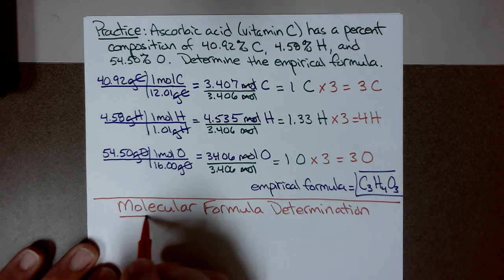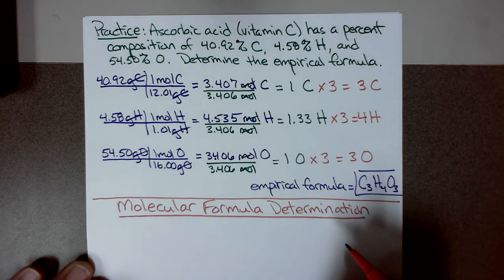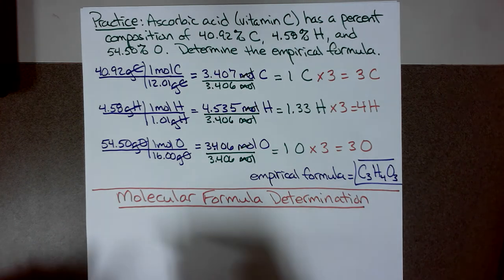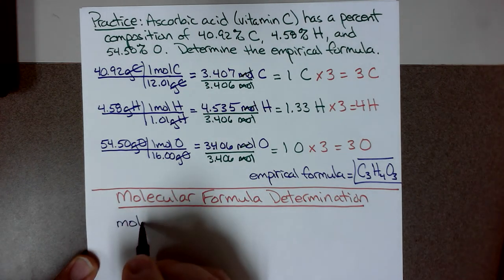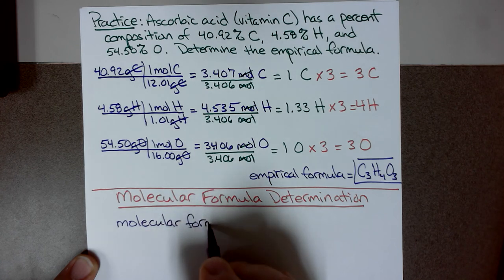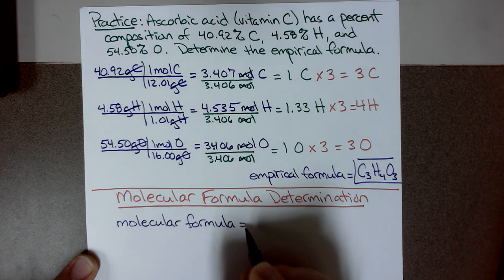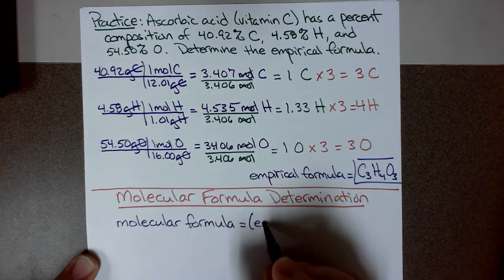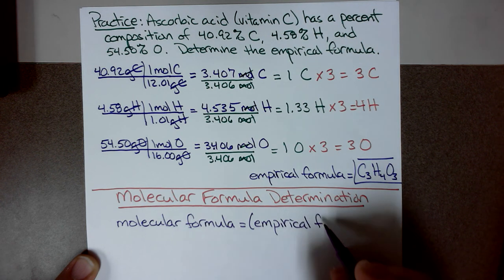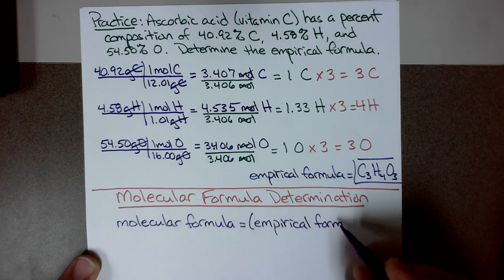Now, molecular formula determination, we need to understand that really a molecular formula is equal to the empirical formula times some whole number value, or a whole number multiple, times n.